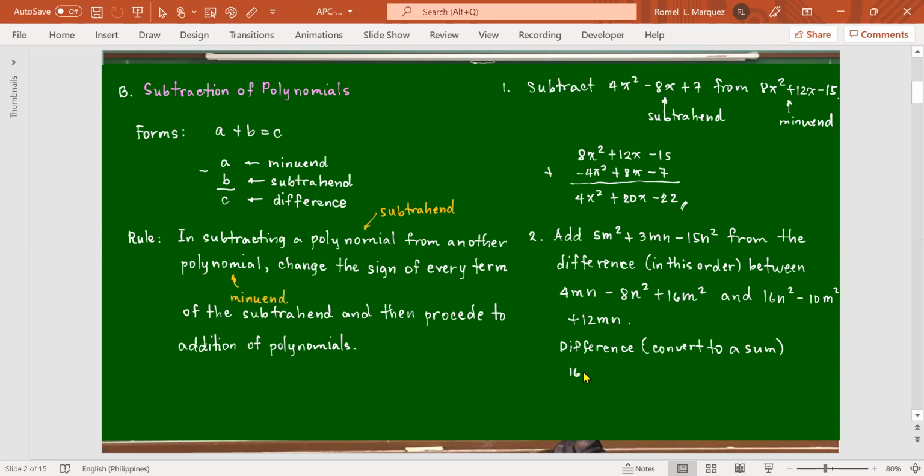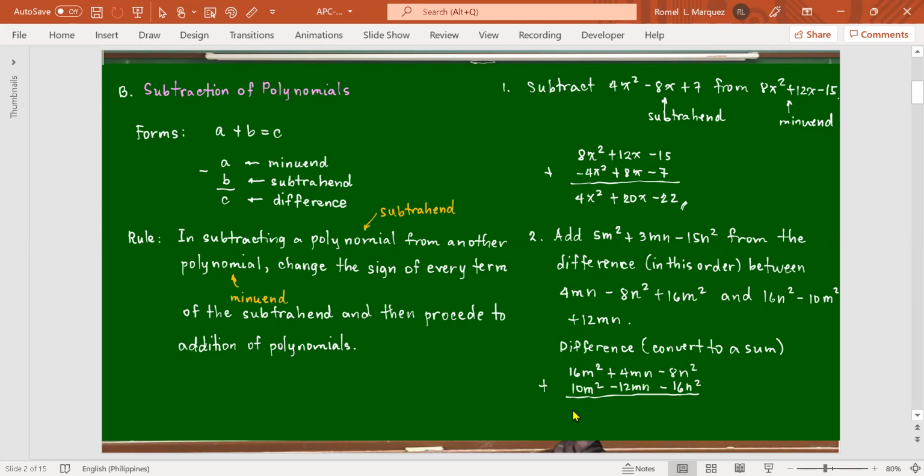So 16m squared, then plus 4mn minus 8n squared, because in that order, no? So this minus the second polynomial. But I have to make it a sum, so I will change the sign of every term in the subtrahend. So 16n squared becomes negative 16n squared. What about negative 10m squared? Positive 10m squared. And then the last one becomes negative 12mn.